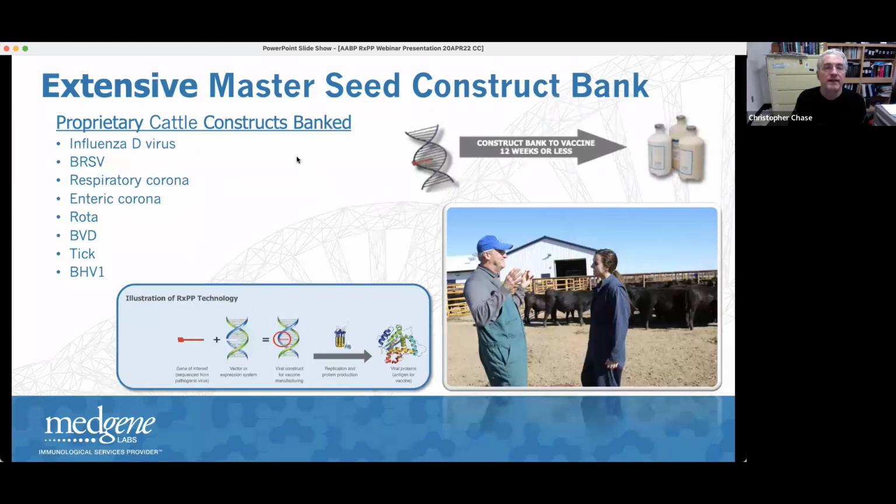The other thing that's important to understand is that as these agents are detected and sequenced, it allows us to generate what we call the master seed bank. That means being able to look at those sequences from a number of different isolates and put those together to see what the predominant things are that we're seeing in the field, particularly as it changes over time.